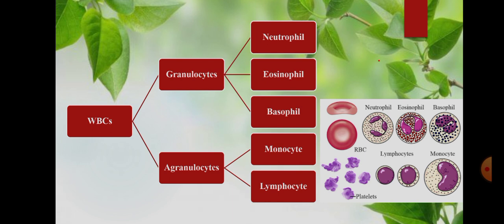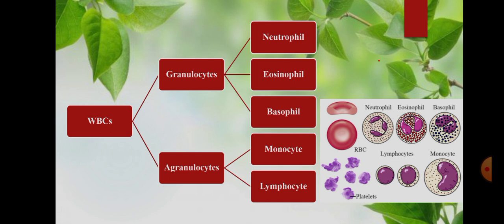Their functions are that they secrete histamine, serotonin, heparin, and they are also involved in inflammatory reactions. Okay, so those are the types of cells that come under granulocytes, that is neutrophil, eosinophil and basophil.